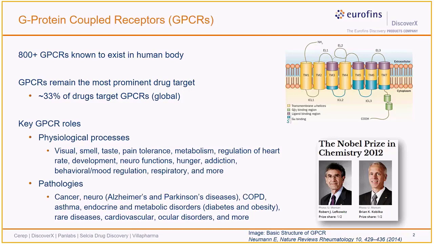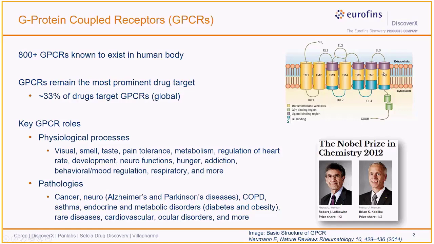They play key roles in physiological processes such as vision, smell, taste, pain tolerance, etc., listed here on the slide, as well as many pathological roles: cancer, neuro, COPD, asthma, neuroendocrine, etc.